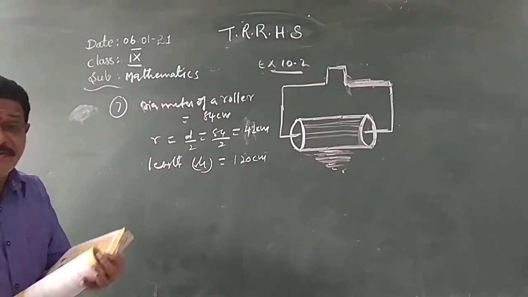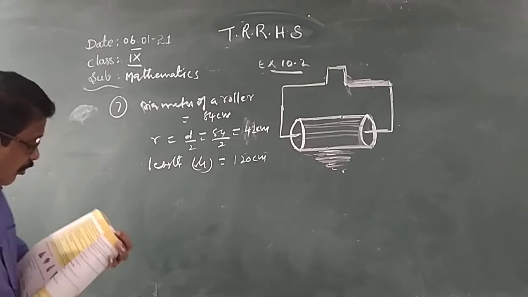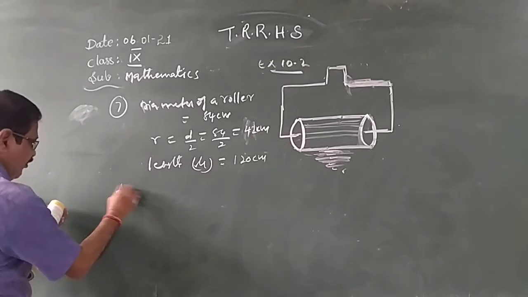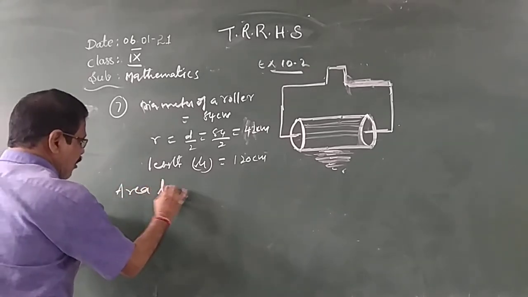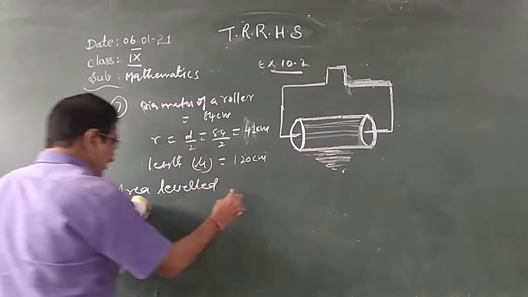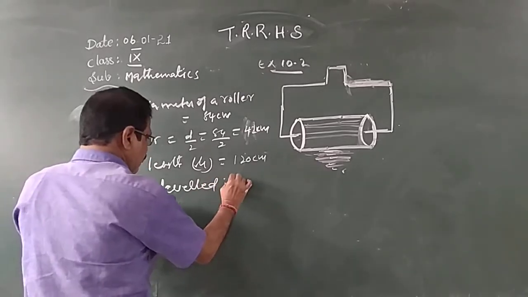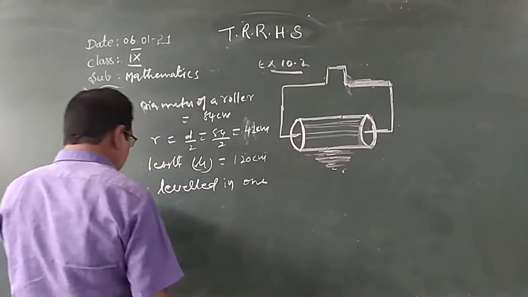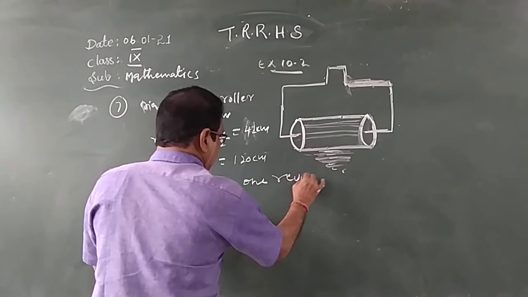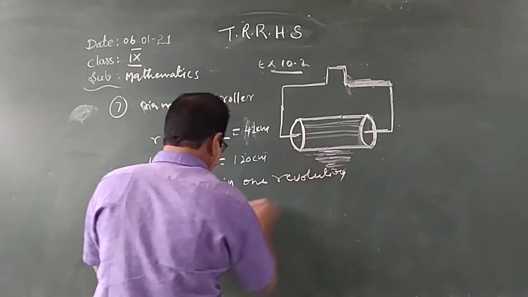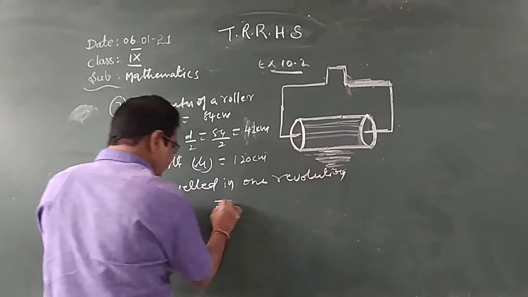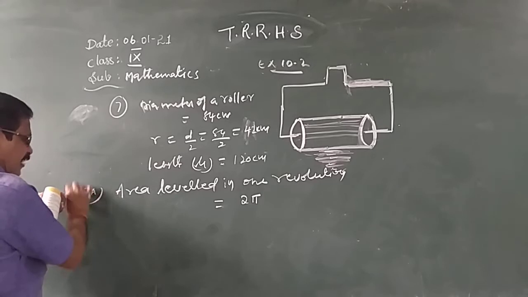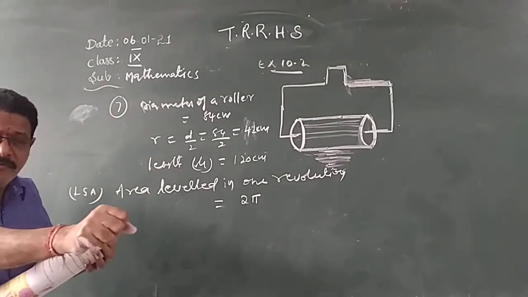What is the area covered in each roll? Area leveled in one complete revolution is equal to the curved surface area, which is 2 pi r h.